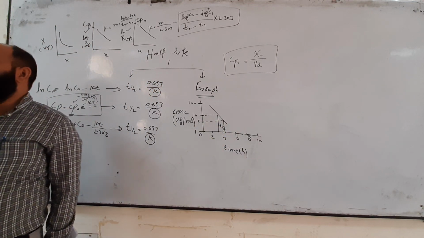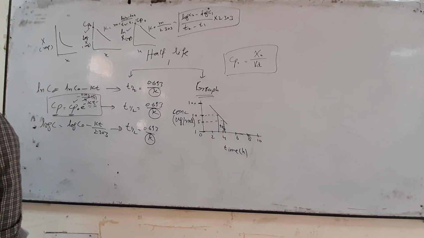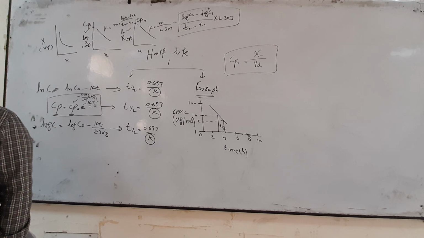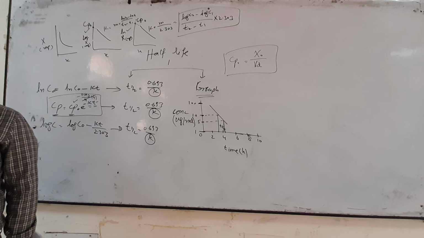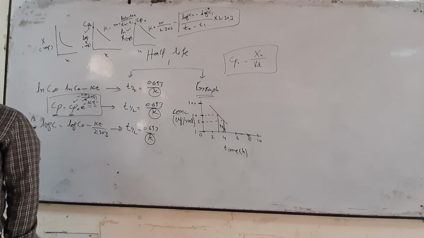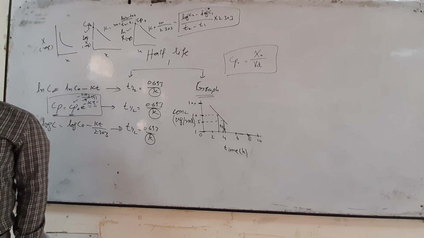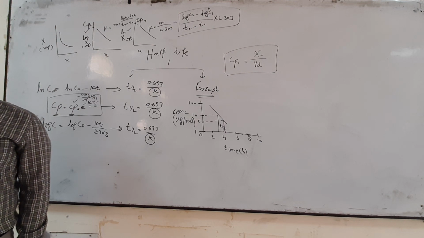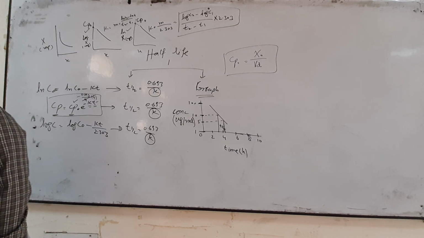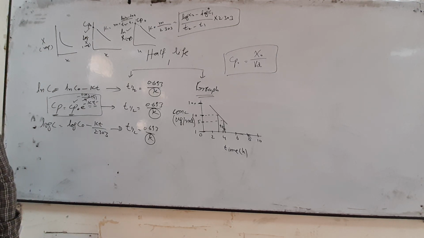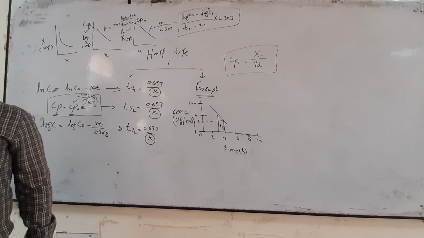Once again, we will construct a graph first. After getting the straight line, we will assume two exact half values. For example, we are taking the point having the concentration 20. Then we will take the other point which is 10, because we are discussing the half. 20 minus 10 is 10, half.